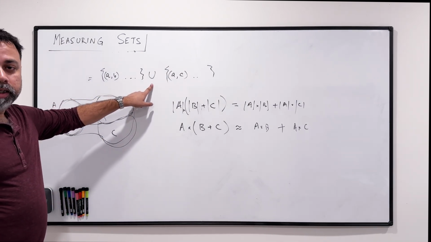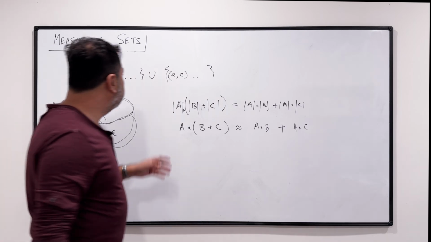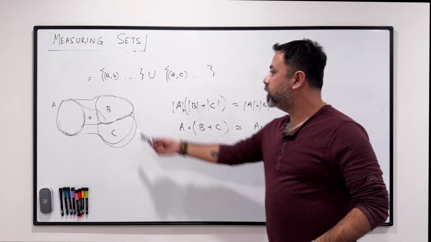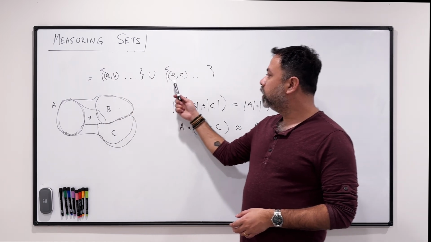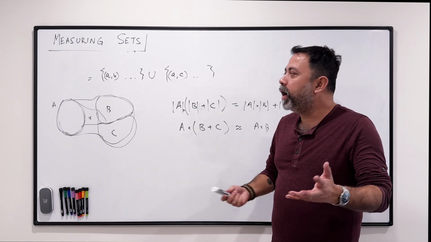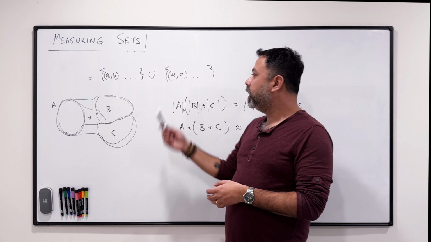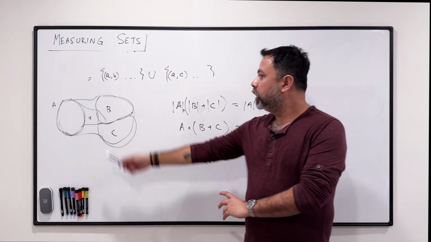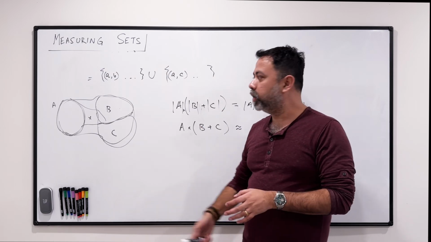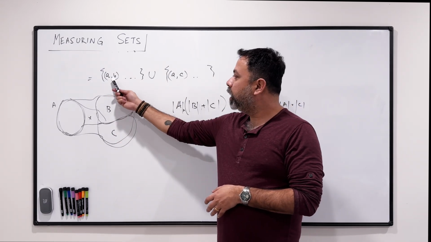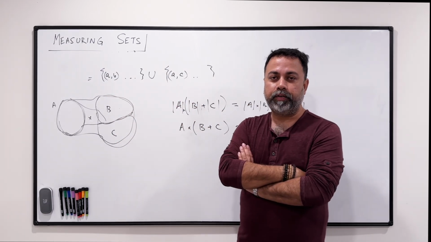And I wrote union here, but it is true that these sets are actually disjoint, so there is no element here that is equal to some element here. Why is that? Well, the first element is either different or is the same. If it's different, then the whole pair is different. If it's the same, then we have to look at the other entry here.